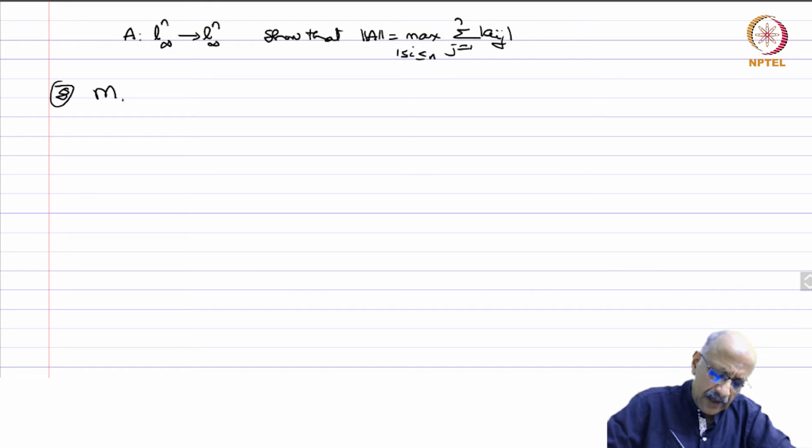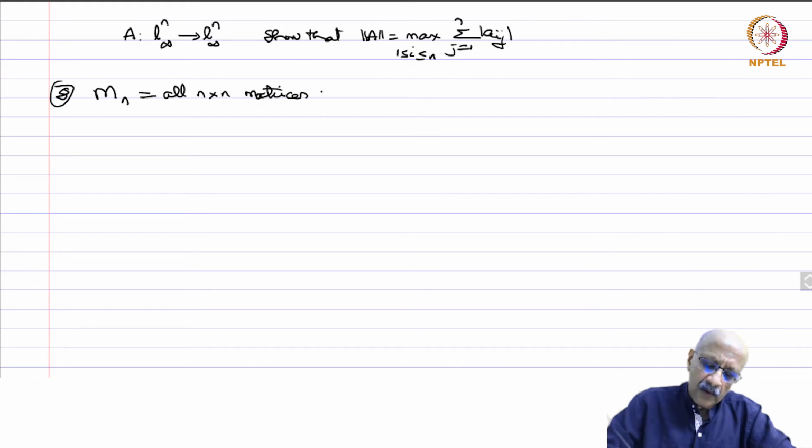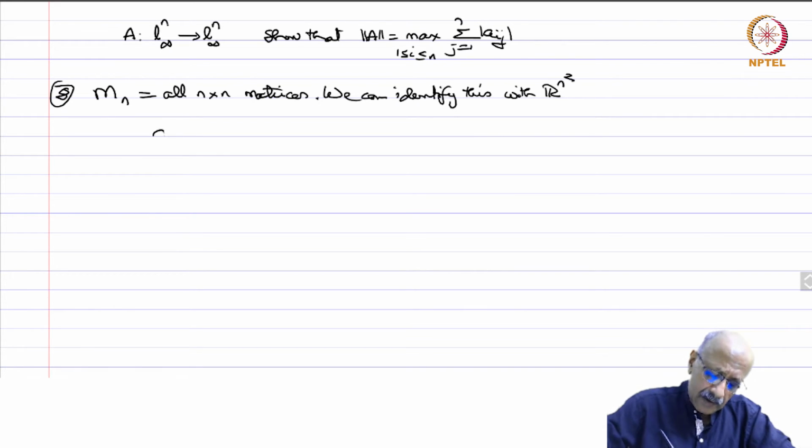Okay. Then 8th, so Mn is all n by n matrices. So we can identify this with R^(n square) and use its topology.